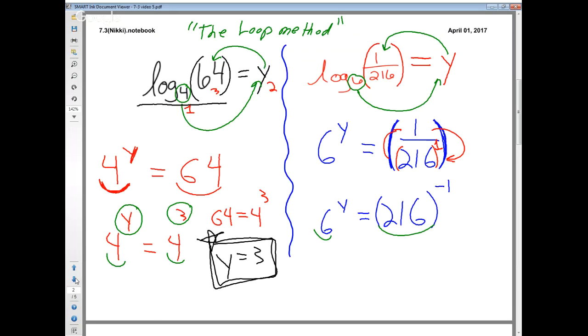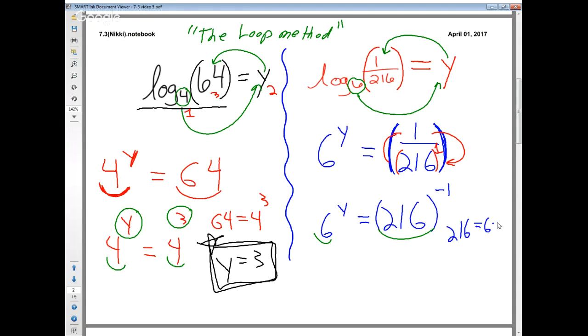After some experience, you will find out that 216 is the same thing as taking 6 and multiplying it 3 times. So in other words, 216 is the same thing as 6 cubed. So let's use that to help us rewrite our equation. We'll have 6 to the y equal to 6 cubed when you replace it for 216.